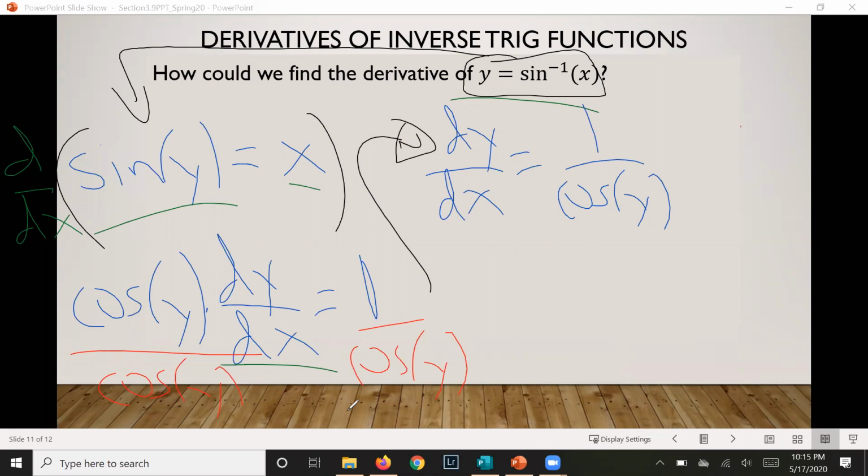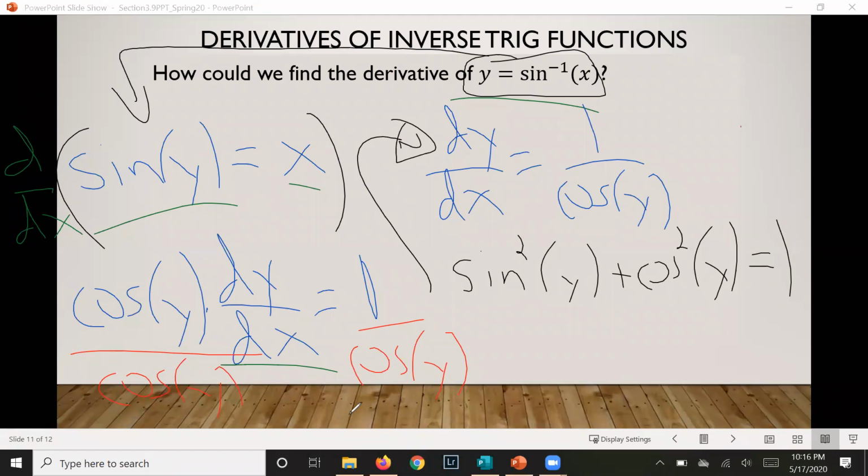So what we're going to do is use our good friend, the Pythagorean identity, which hopefully you remember. It told us that if we have sine squared y plus cosine squared y, that was equal to 1, right? That was a relationship we had between sine and cosine.